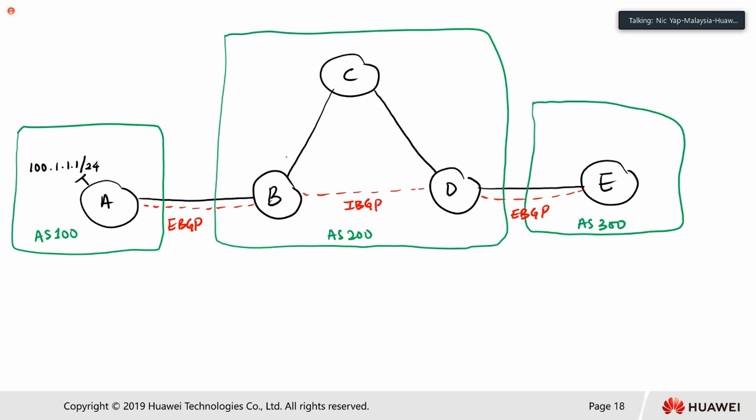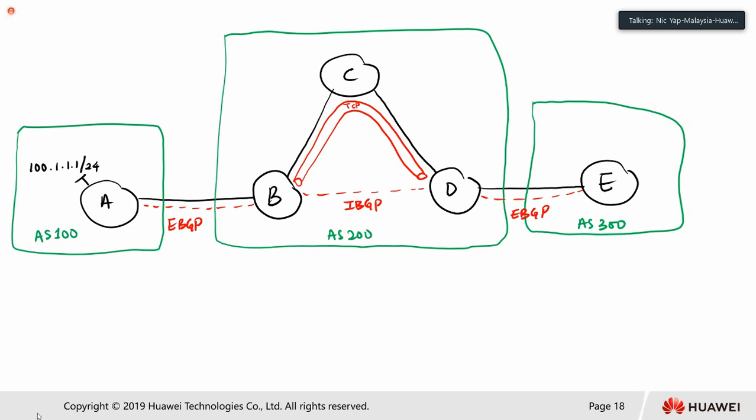So it means that my TCP connection will be built like this. This is my iBGP, this is my TCP connection. So far alright: eBGP, iBGP, and eBGP.